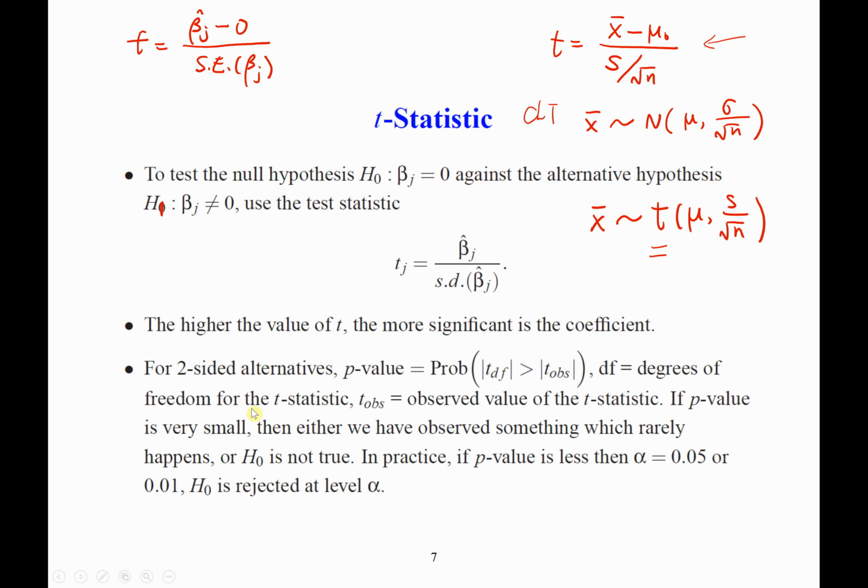So we have the degrees of freedom for the t statistic, and the observed value of the t statistic. If the p-value is very small, then either we have observed something which rarely happens or H0 is not true. In practice, if the p-value is less than the significance level alpha equal to 5% or 1%, H0 is rejected at level alpha.